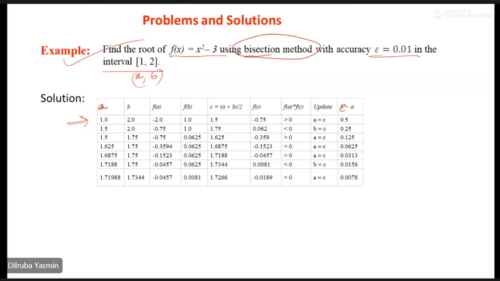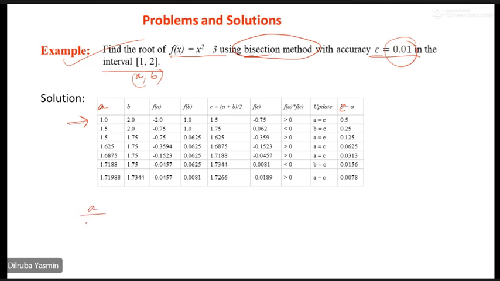In each row you have to write them down here. A equal to 1, B equal to 2. Next, what you should do, let me write it down here.